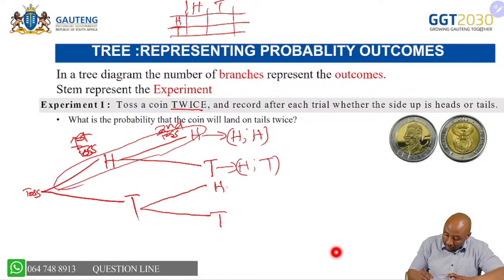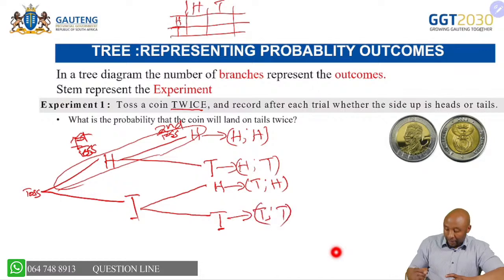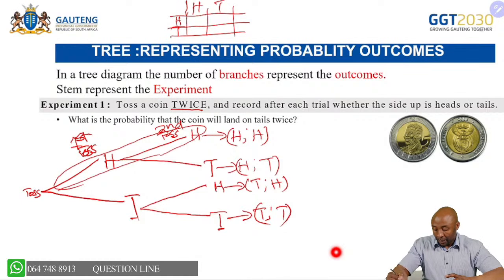So it will be head and tails. For the other one, the first outcome, we got tails, and the second one, we got a head. First outcome, tails. Second outcome, it's also tails. So it means we are getting a head and a head, a head and a tail.